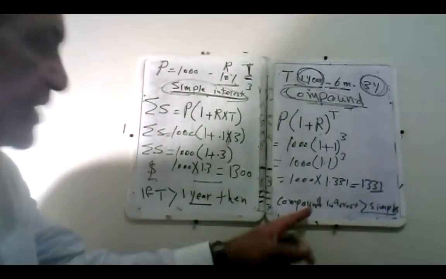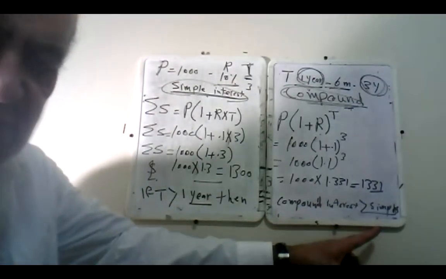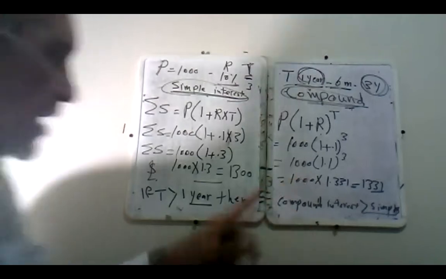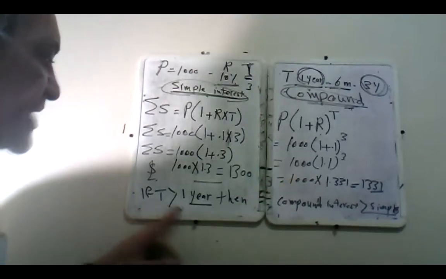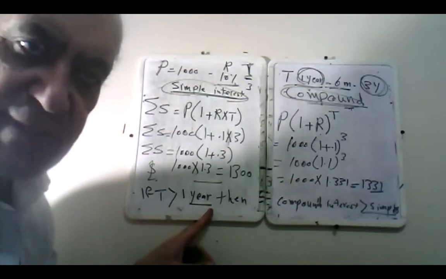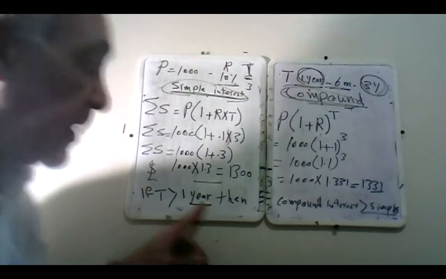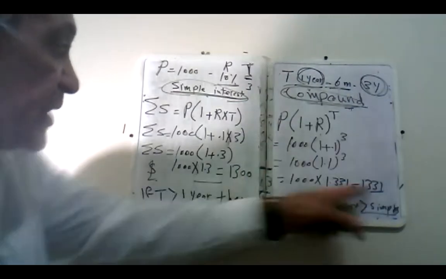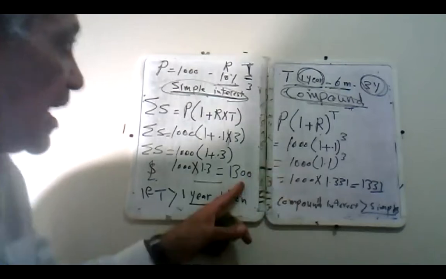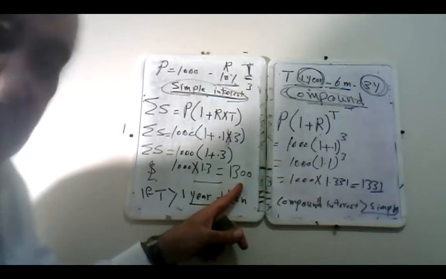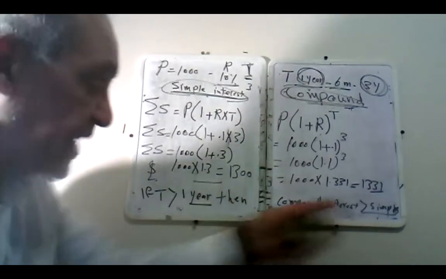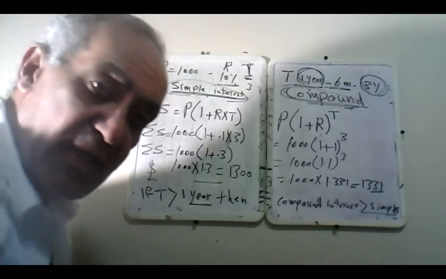Here it is 3 years, so the compound is 1,331, and the simple is 1,300, so the compound is greater, and that's why it is that way.